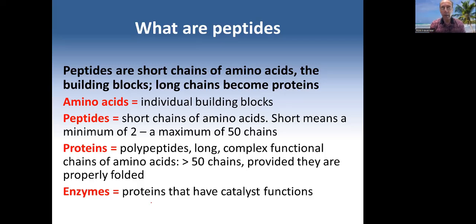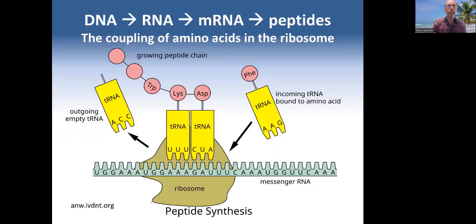So it is a stimulating function for chemical reactions. It will stimulate, not join the chemistry itself. So peptides and proteins and enzymes are related. They are coming from the same production center.